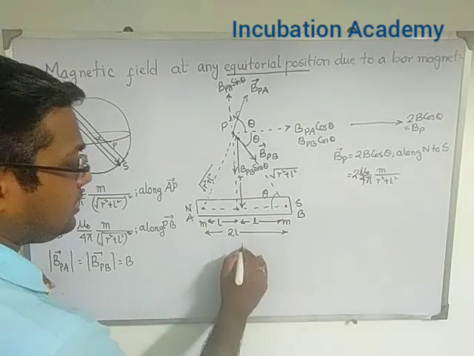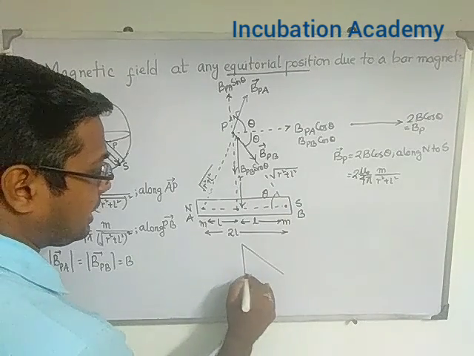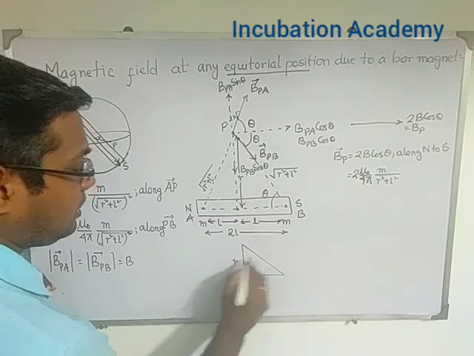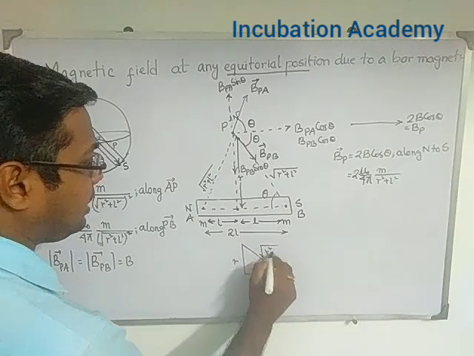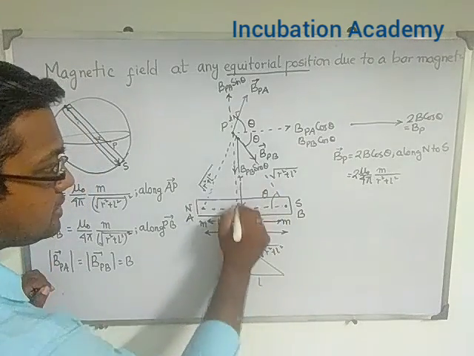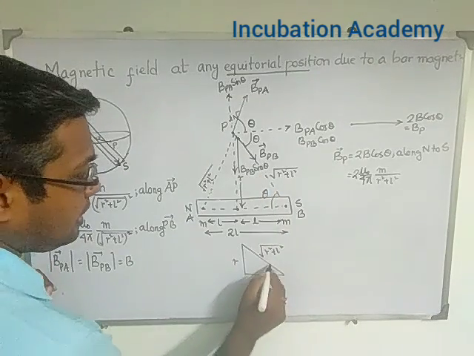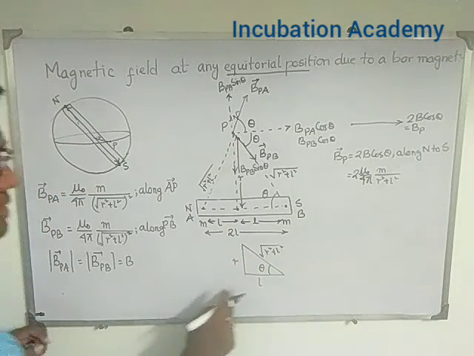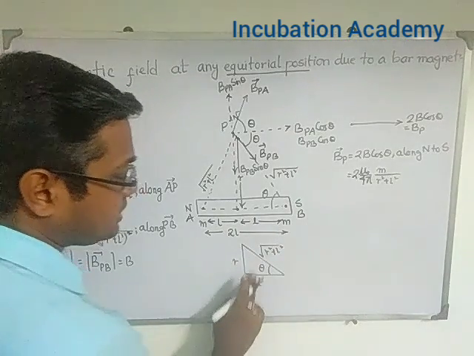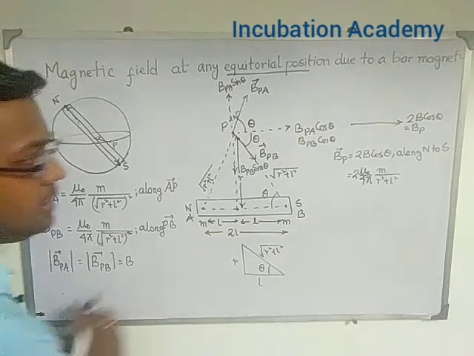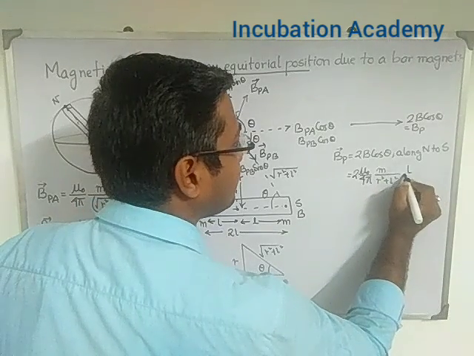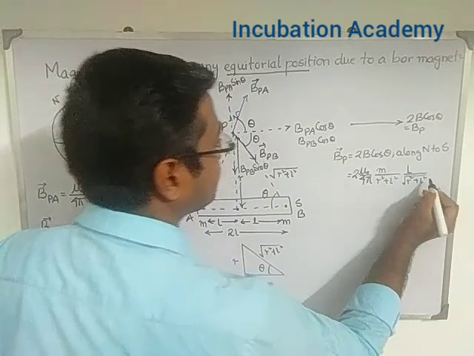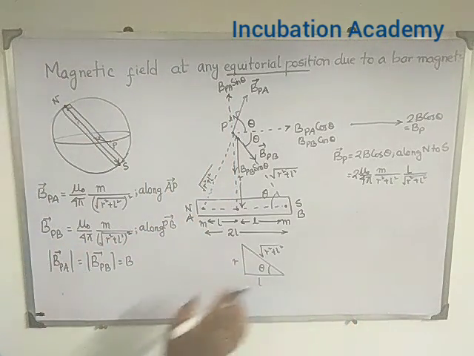I am drawing a right angle triangle, it is l, it is r, and the hypotenuse is root over of r square plus l square, and this is theta. So cos theta will be base divided by hypotenuse, that is l divided by root over of r square plus l square.